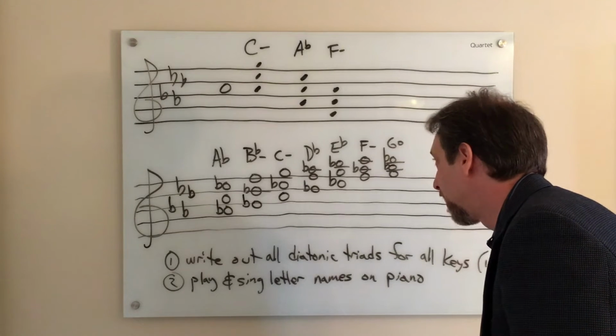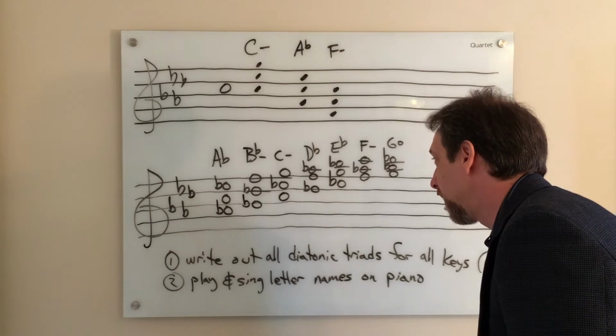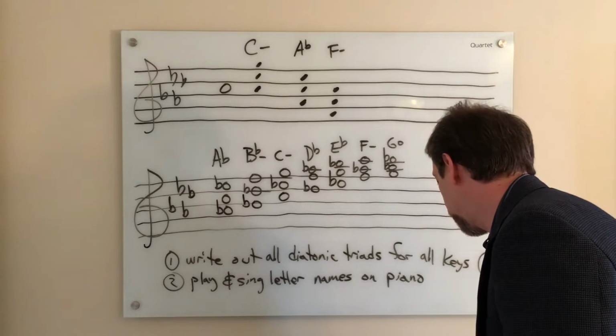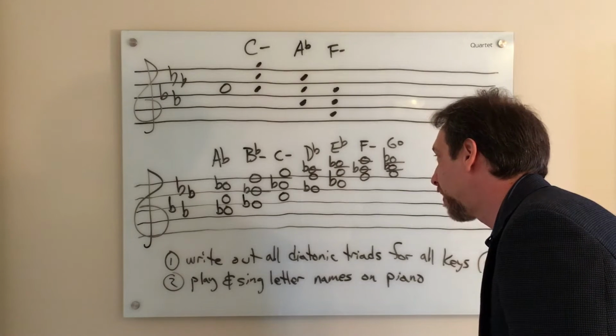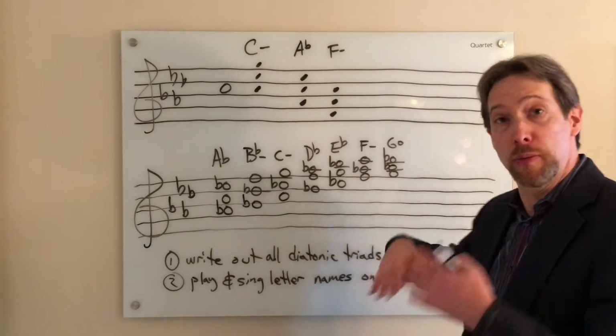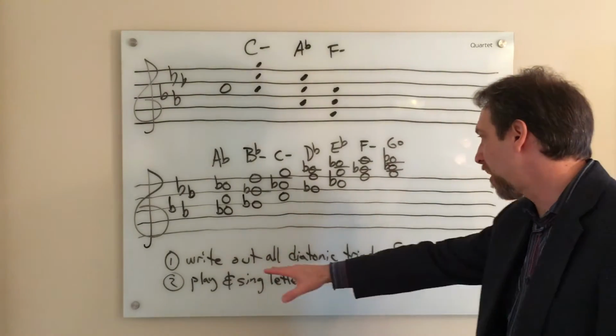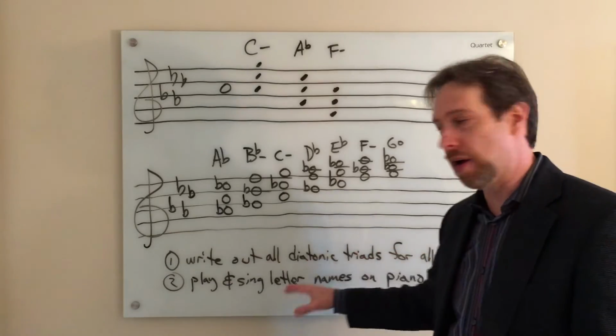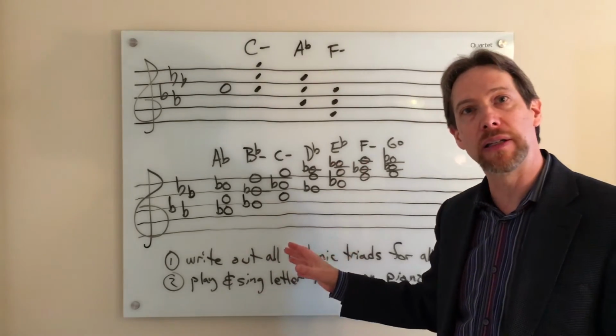C, E flat, G, D flat, F, A flat, and you go through all of them, and then you move on to the next key, right? And you play and sing the letter names of all these diatonic triads.